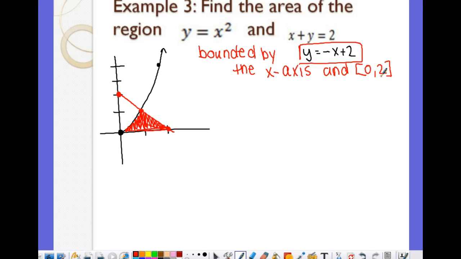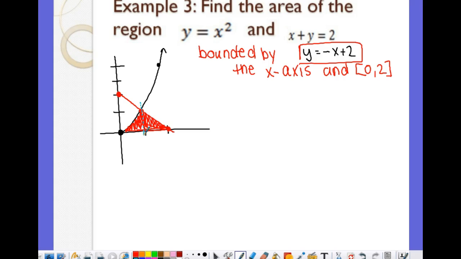So in this example, for part of it, do you see how the top curve switches? From 0 to 1, it's bounded by x squared and the x-axis. From 1 to 2, it's bounded by negative x plus 2 and the x-axis.